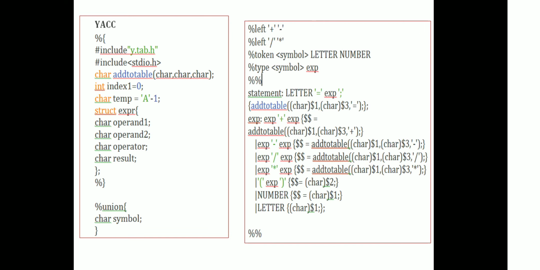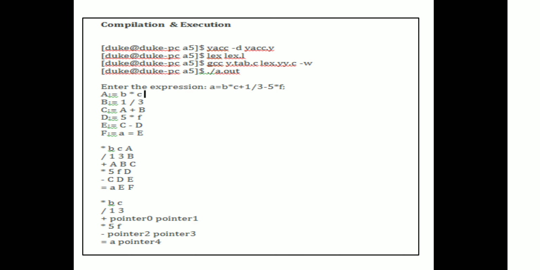Now when we see the output of this program, it looks like this. We enter a particular expression, it generates the three address code of that expression and records this three address code: first the quadruple record, and next the triple record.